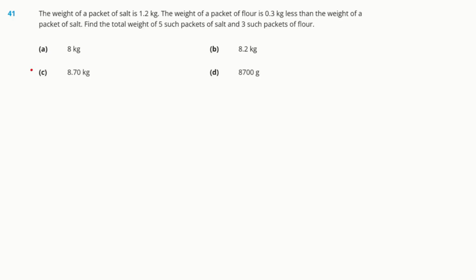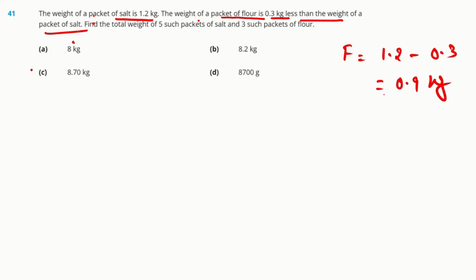Next, question number 41. The weight of a packet of salt is 1.2 kg. The weight of a packet of flour is 0.3 less than a packet of salt. That means flour is 0.3 less, so it's 0.9 kg. Now we have to find the weight of 5 packets of salt and 3 packets of flour. 5 packets of salt would weigh 5 times 1.2, which is 6.0 kg.